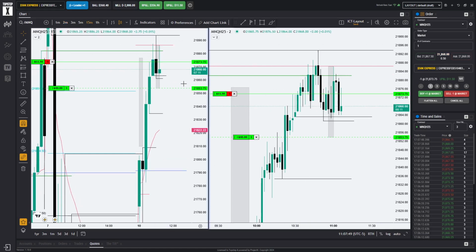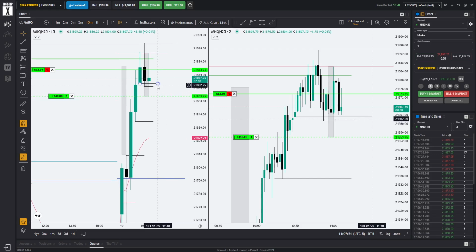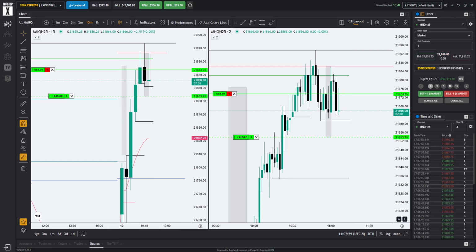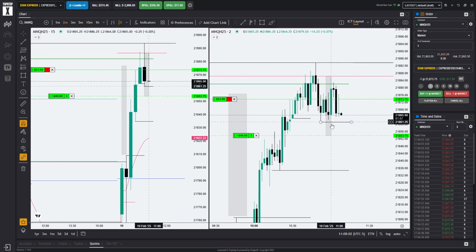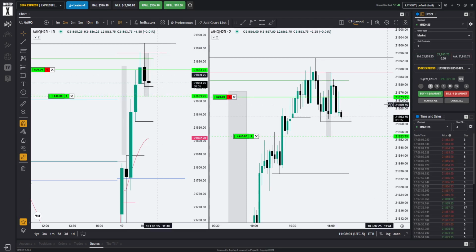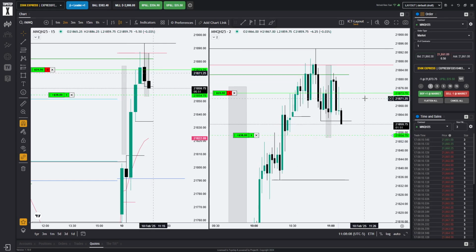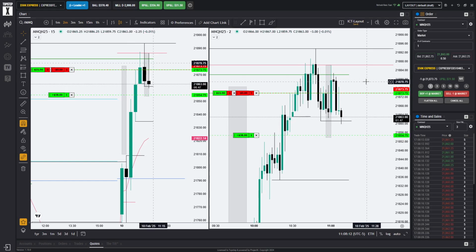Where is it going to drop? We don't need this. Leg 1, leg 2. There we go. Stop loss break even. Come on, dump.